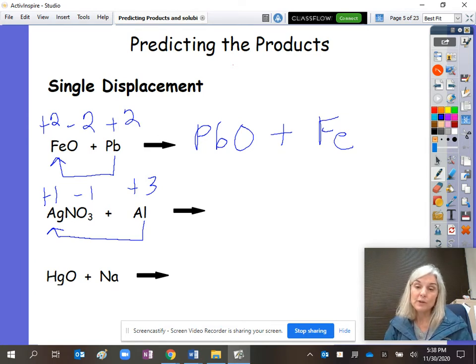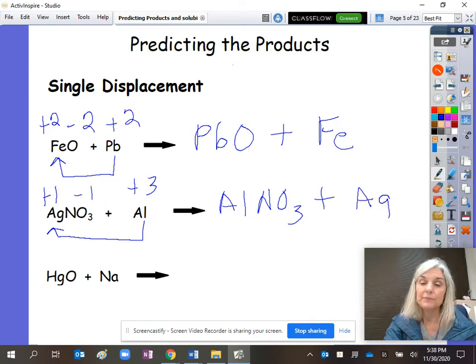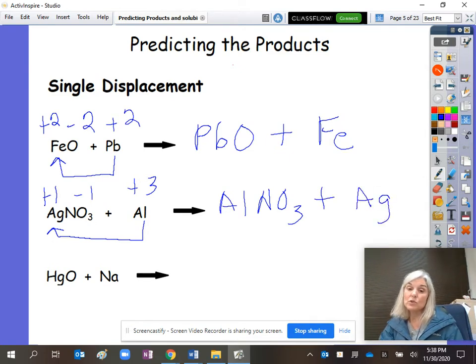So now aluminum is going to be with the NO3, and then the Ag is going to be by itself. Now, we have to make sure, now that we put aluminum with the nitrate, it's the correct formula.